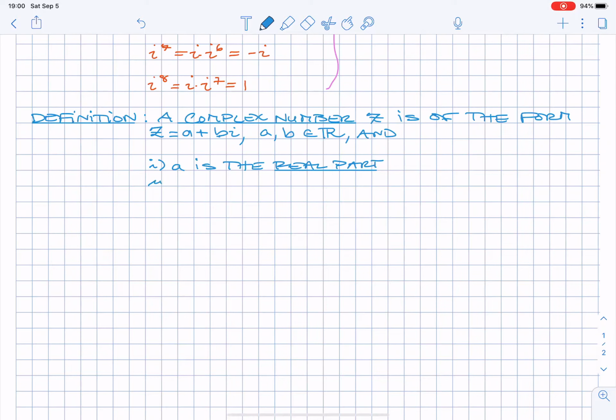And of course, b is the imaginary part because it is attached to i. The imaginary part.